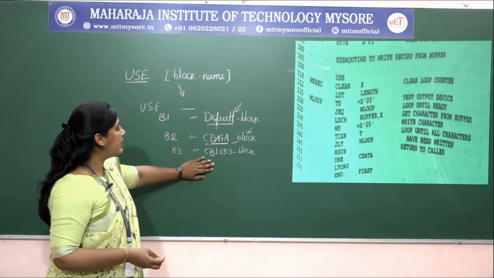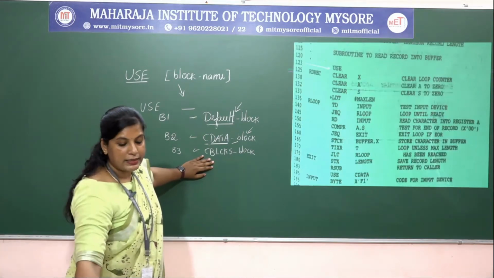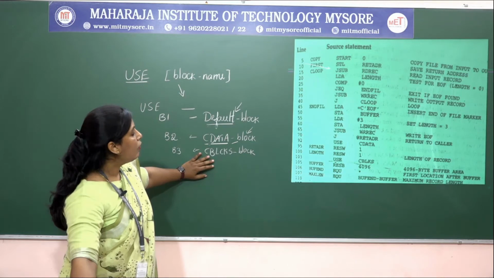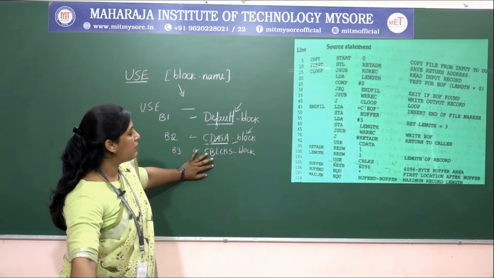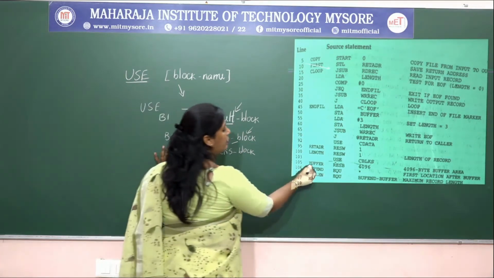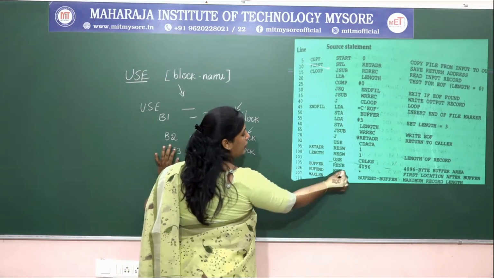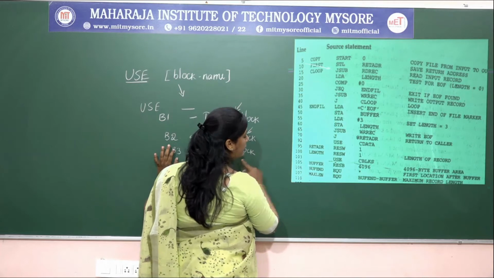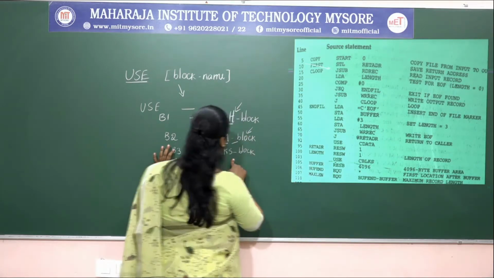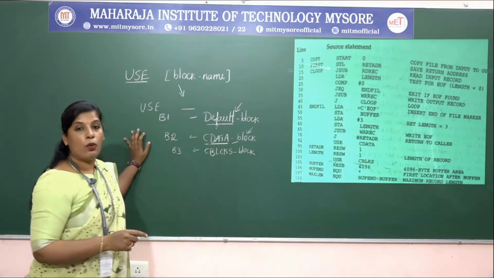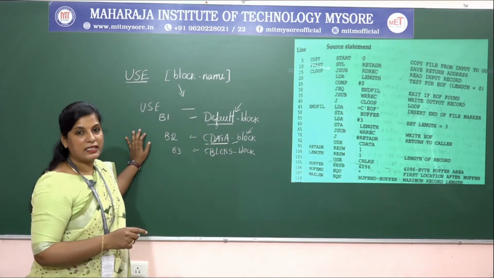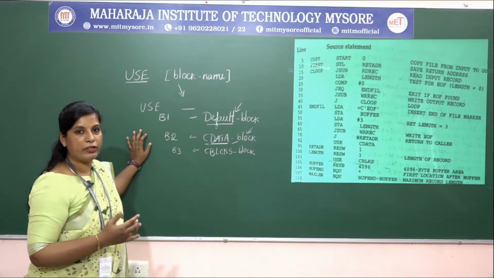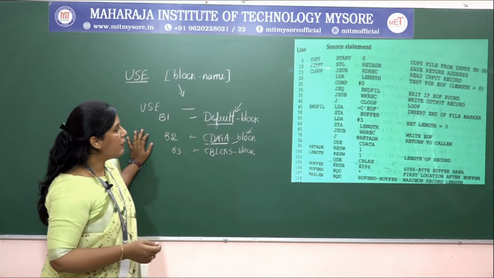And the CBLKS block has only the maximum length, the buffer area. Only that buffer variable will be stored in the CBLKS. What is that buffer? It is the maximum length or buffer area required for storing the data after reading the record. So this is about that program.